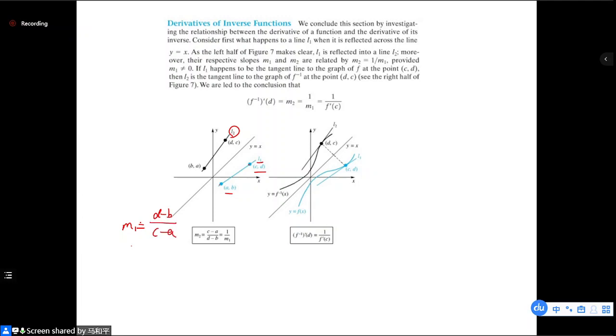On L2, the new points are (b, a) and (d, c). So we find m2 = (c - a)/(d - b). And so we find m2 = 1/m1, right?